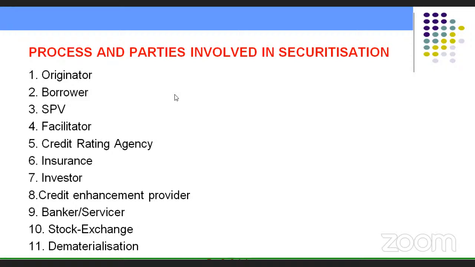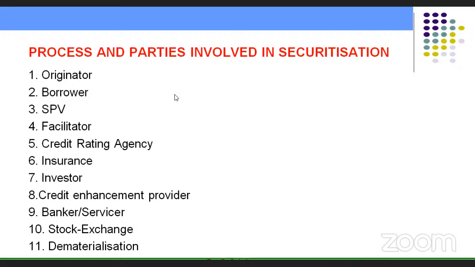See, in securitization, there are two major stages in the process. How many stages are there? We have two stages. The first one is the originator pooling all assets of unique feature and selling them to a bankruptcy-remote special purpose vehicle to get cash for the pool of assets.